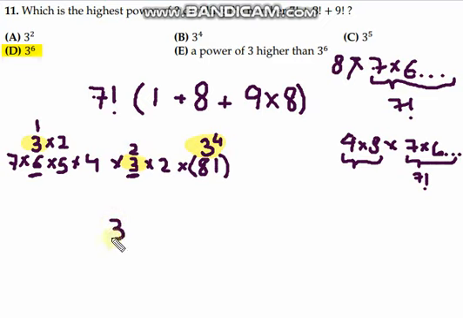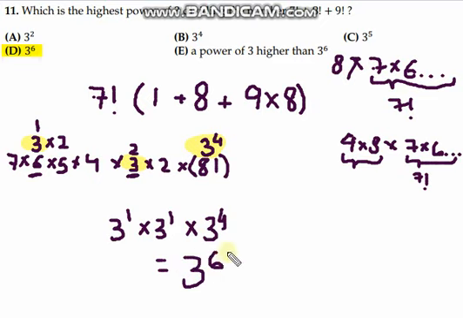That's 3 power 1 multiplied by 3 power 1 multiplied by 3 power 4. That is, when bases are same, powers are added. 4 plus 1 plus 1 is 3 power 6. That is, 3 power 6 is the greatest power of 3 dividing the number 7 factorial plus 8 factorial plus 9 factorial. My answer is D.